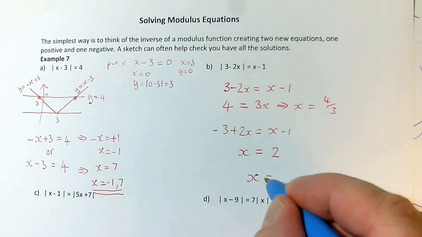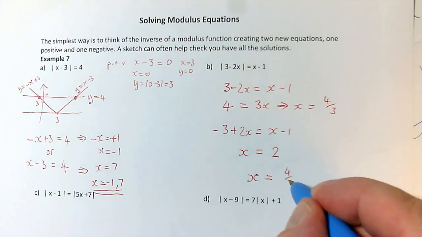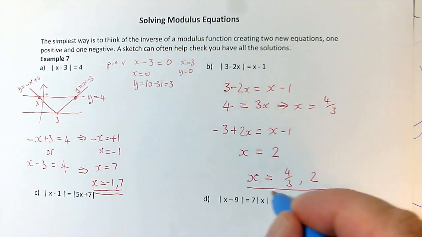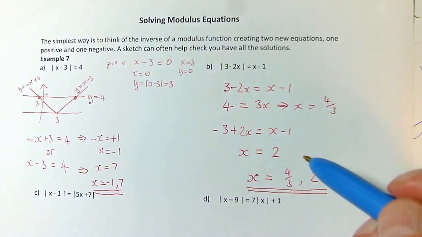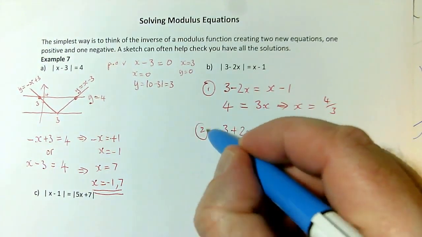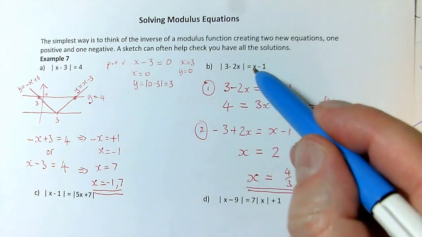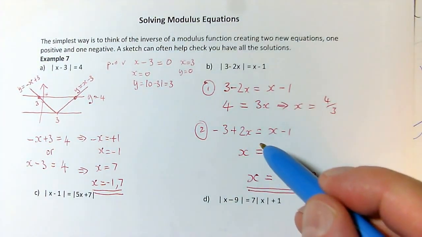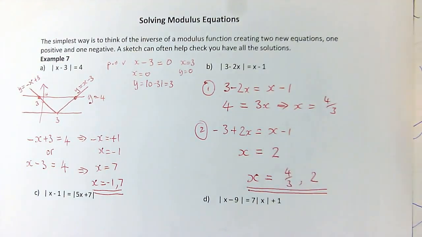So the two solutions are x equals 4/3 or 2. So sometimes it's as simple as that. You just set up two equations. That's equation number 1, that's equation number 2. In the first equation, the modulus had no effect. In the second equation, the modulus had the only effect it can have, which is a sign swapping effect.